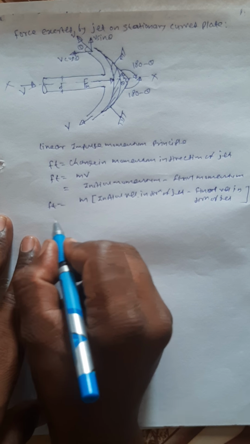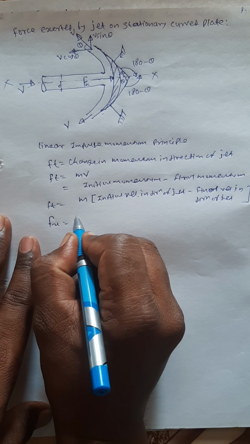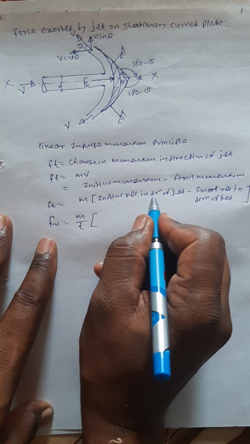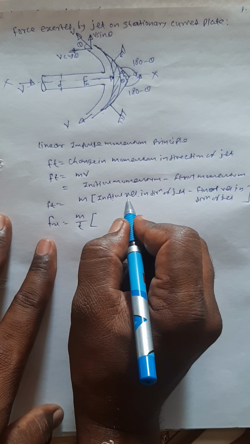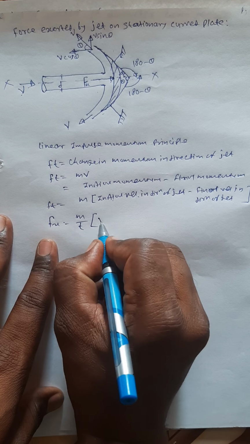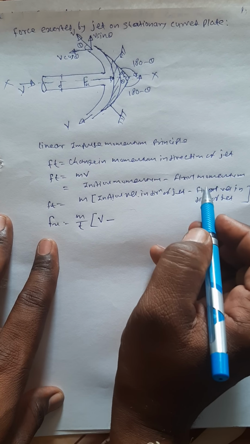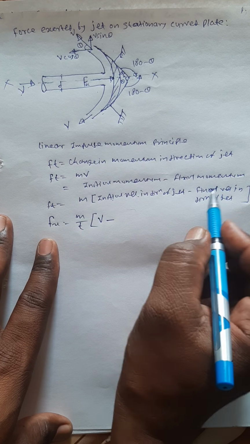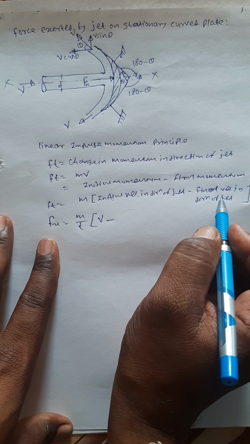So that is force Fx is equal to m upon t into the initial velocity of the flow in the direction of the jet, which is phi as usual, minus the final velocity of the flow in the direction of the jet itself.